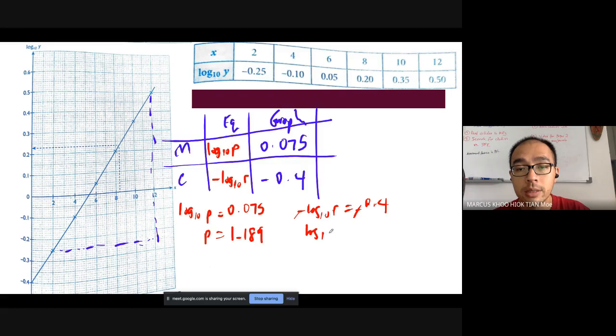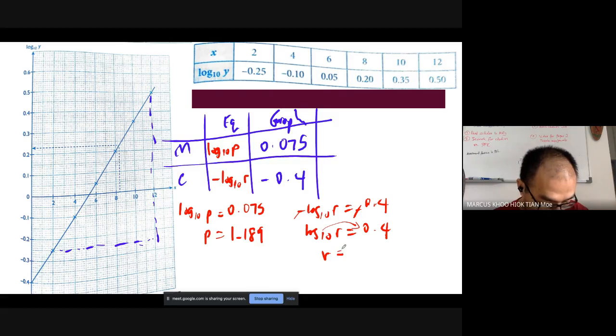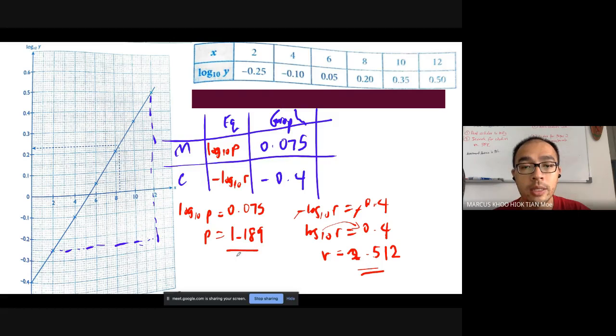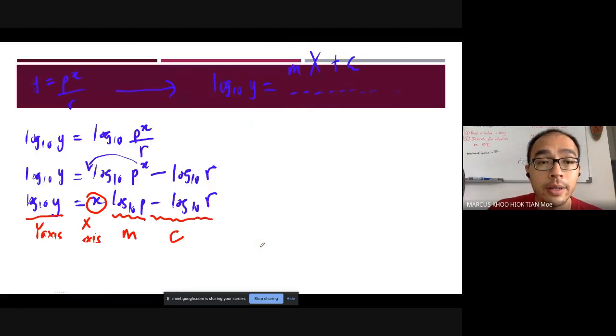So I get log 10r equals 0.4. Again, how to get r? We shift log. Shift log 0.4 will give you about 2.512. And these are our two answers for p and for r.